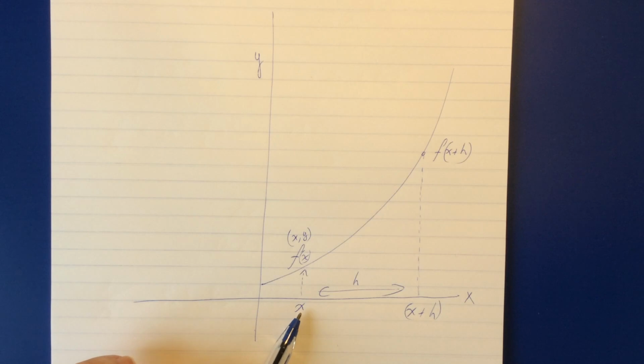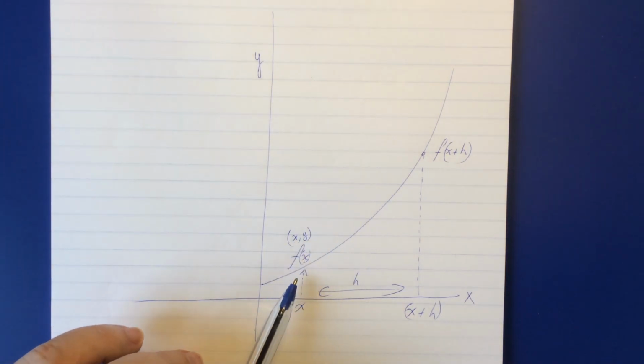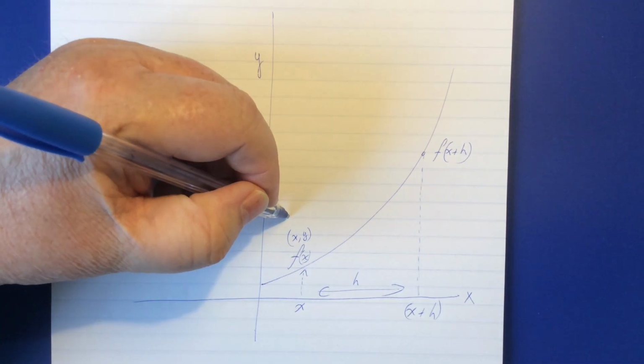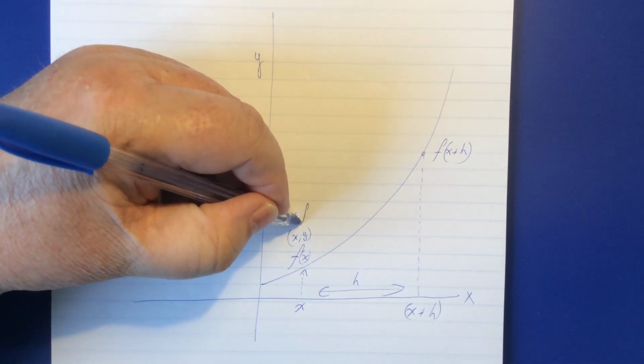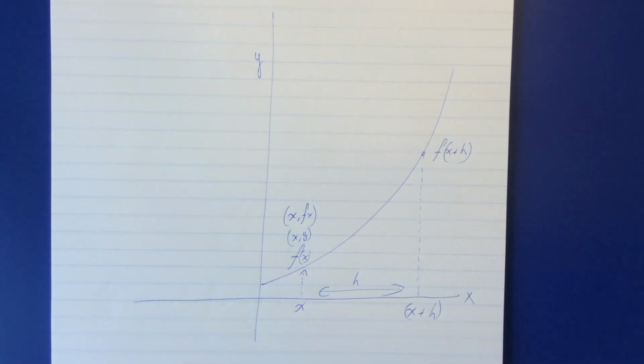If we put x into the function of x, we'd get this coordinate x, y, which we can also write as x, function of x. Okay, and if we moved along here a distance of h, I don't know why it's called h, but we'll move from here to here and we'll call the distance h.